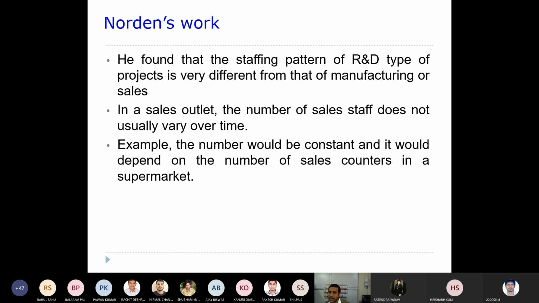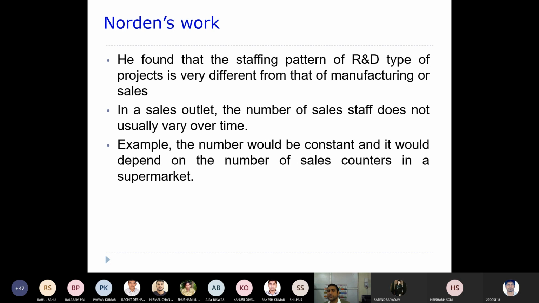Okay, but in R&D or software kind of project, it is quite different. At different points of time you require different numbers of people, right? It's not that you will always have the same number of people occupied. Okay, so the number would be constant and it would depend on the number of sales counters in a supermarket. Let's say today you have 10 sales counters, so you usually require 10 people. Unless you increase the number of sales counters, this number will not increase.